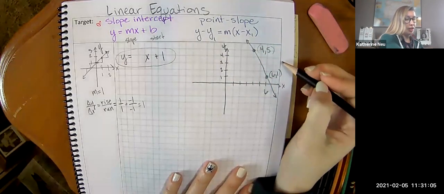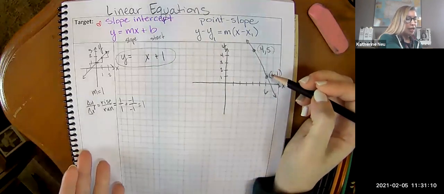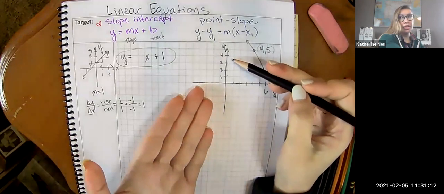Let's say that you were just given these 2 points or this graph, either way, right? It's not obvious what the y-intercept is going to be here.